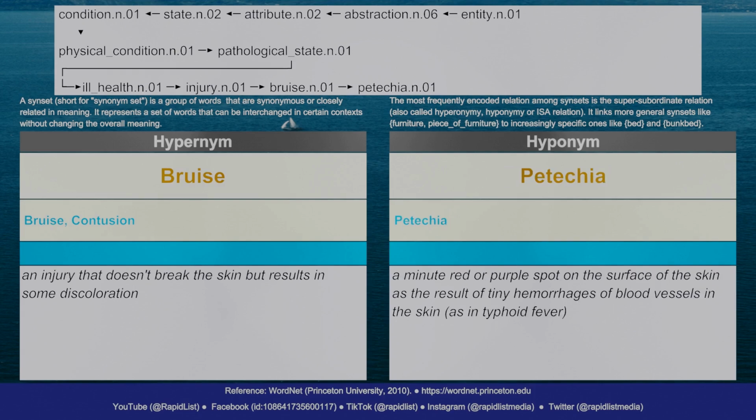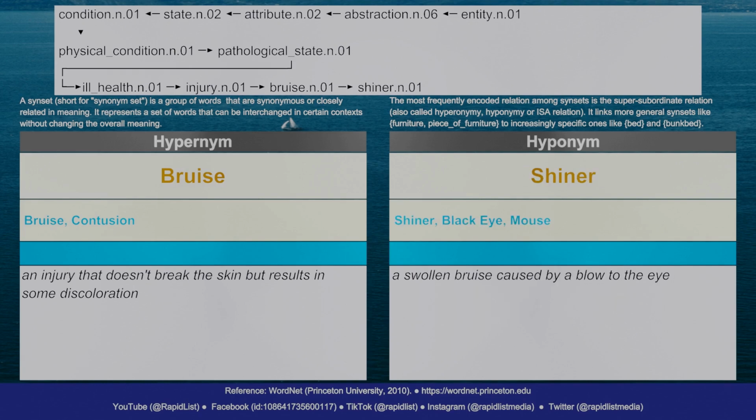Petechia. The minute red or purple spot on the surface of the skin, as the result of tiny hemorrhages of blood vessels in the skin, as in typhoid fever. Shiner. A swollen bruise caused by a blow to the eye.